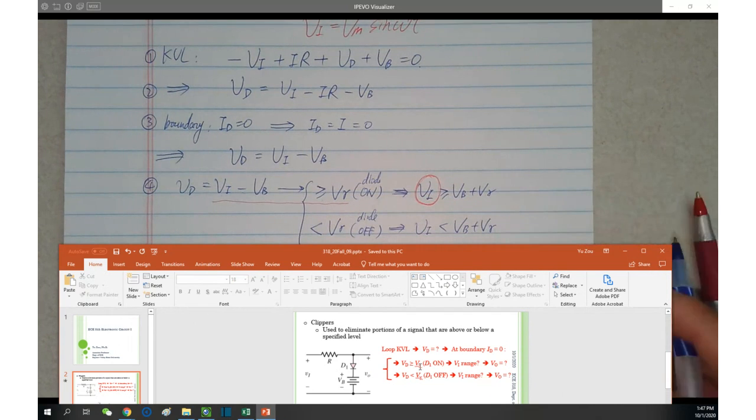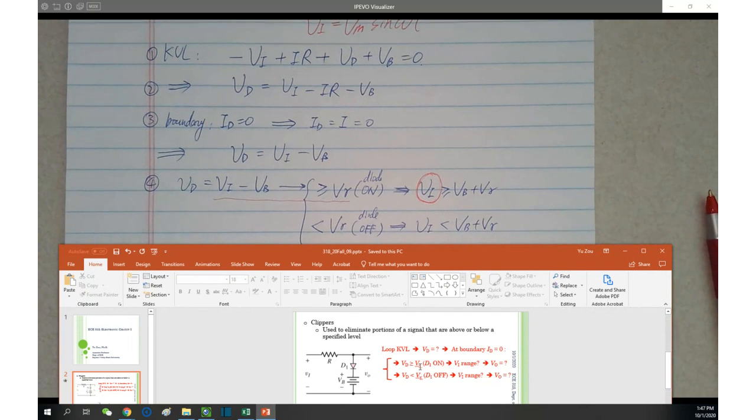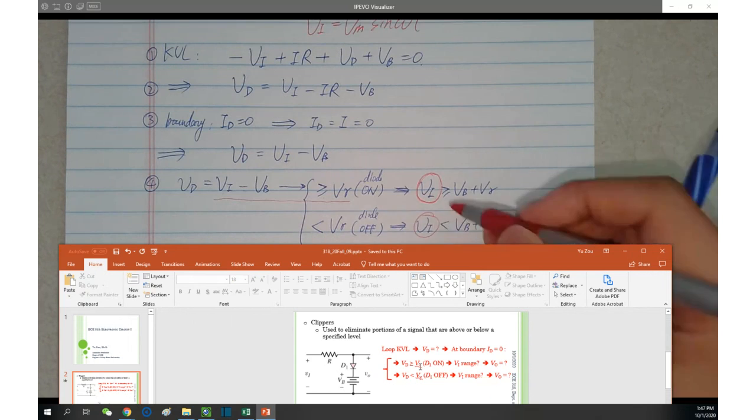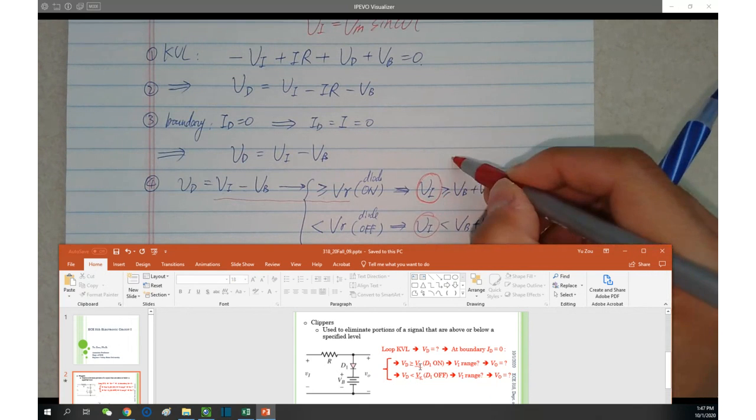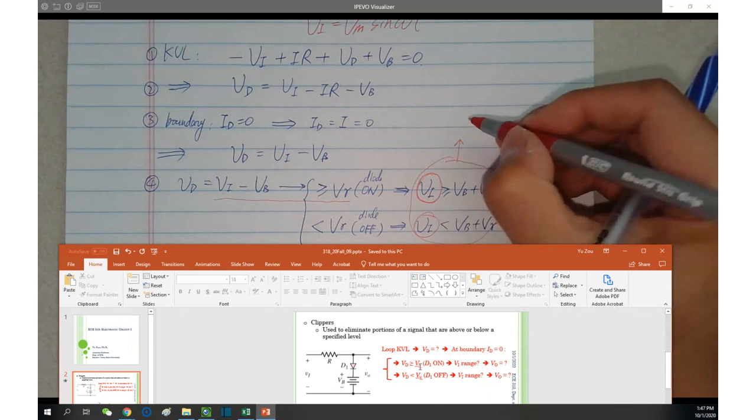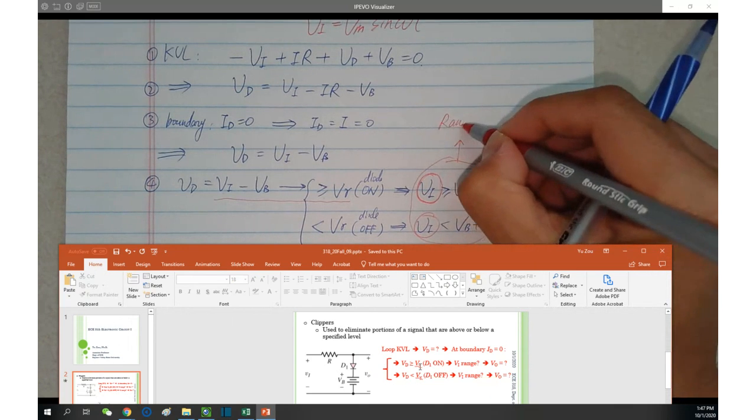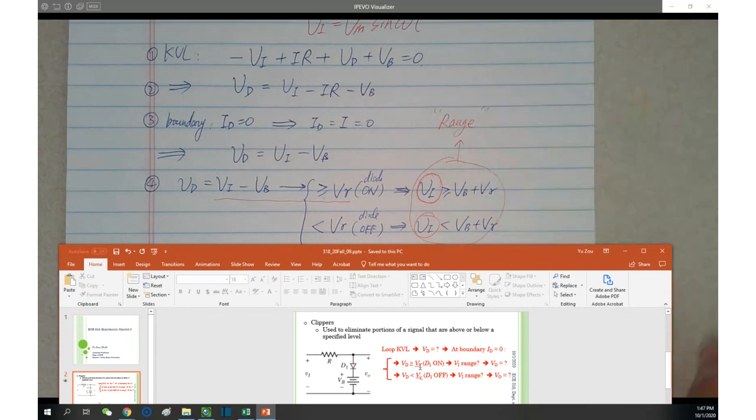Make sense? Once again, we derive VI. Why are we doing this? Because this is nothing but the range we are looking for.